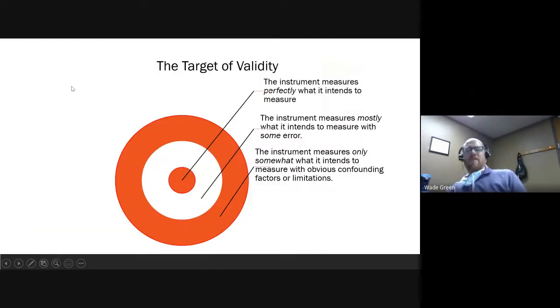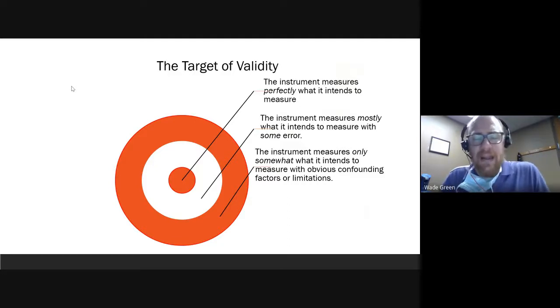So we need to first talk about validity. The reason why it's important to look at the validity of an instrument is because validity tells us that an instrument is measuring what it is intended to measure. And validity is not necessarily a perfect definition, it's more of a range.